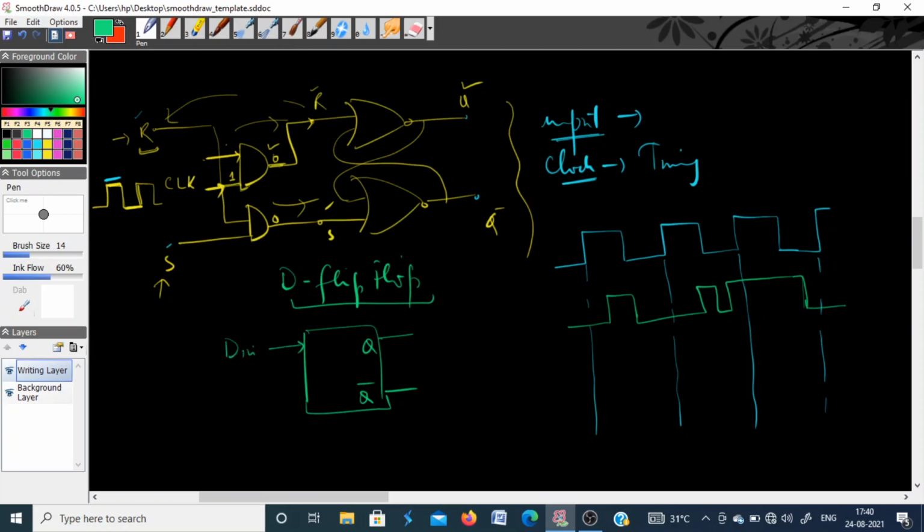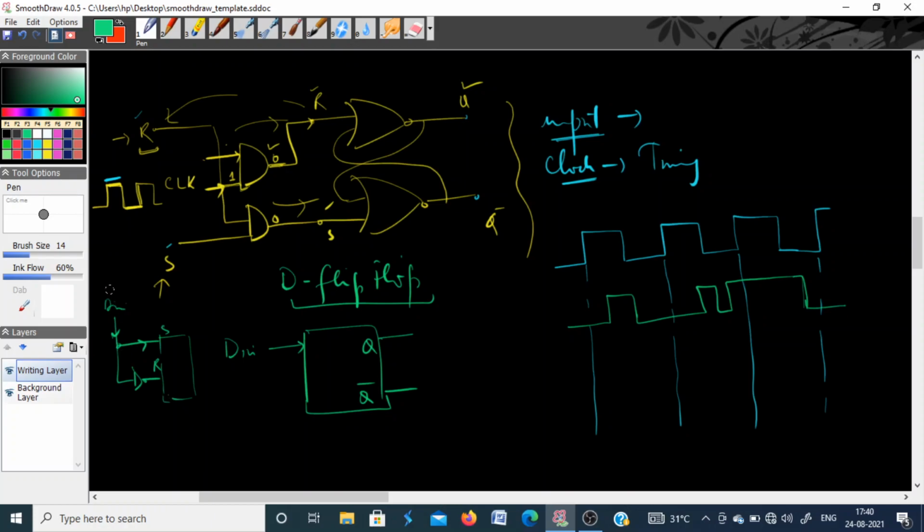In fact, an SR latch is converted into a D flip-flop when you apply the D input to S, then take the complement of this and give it to R. This is how you convert an SR flip-flop into a D flip-flop.